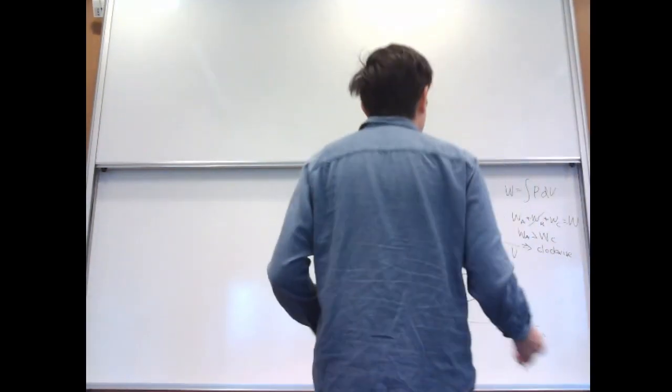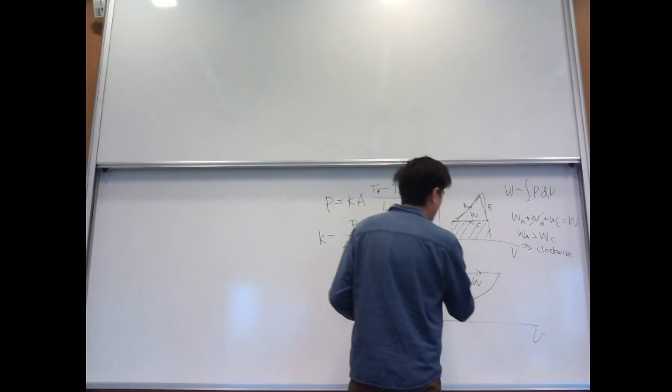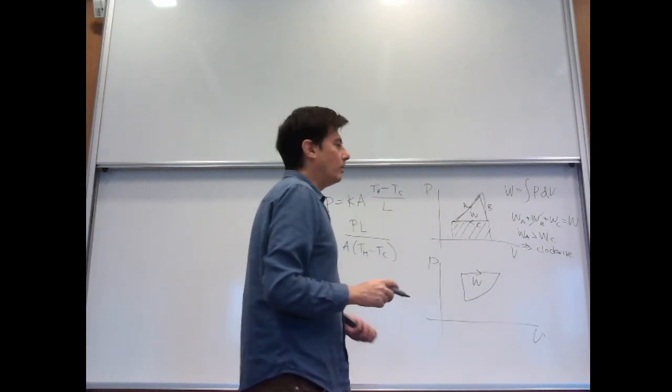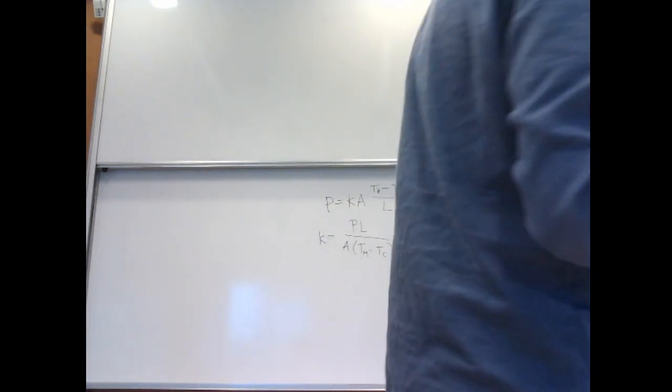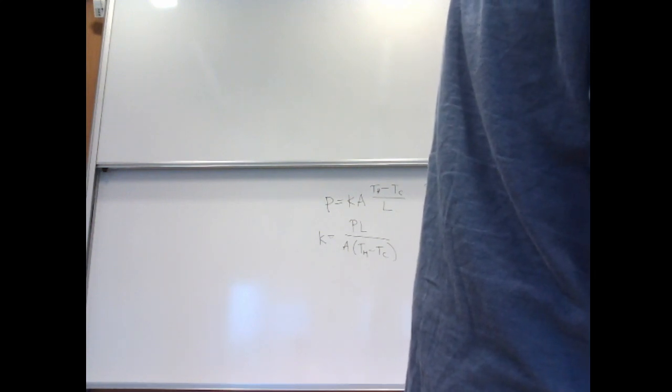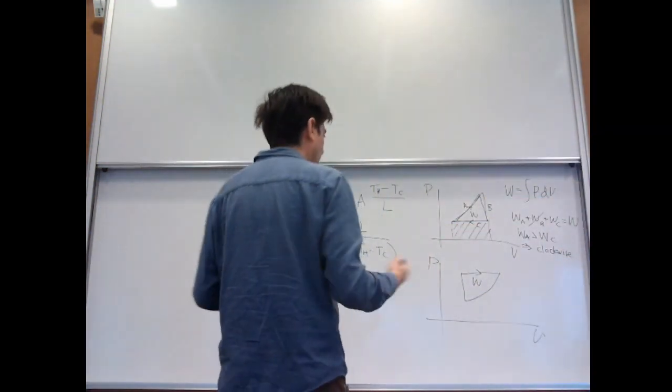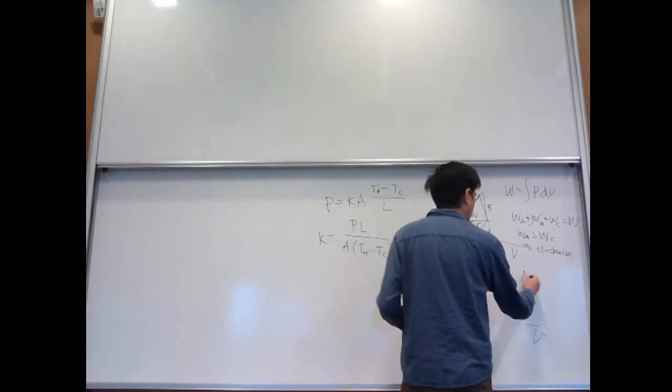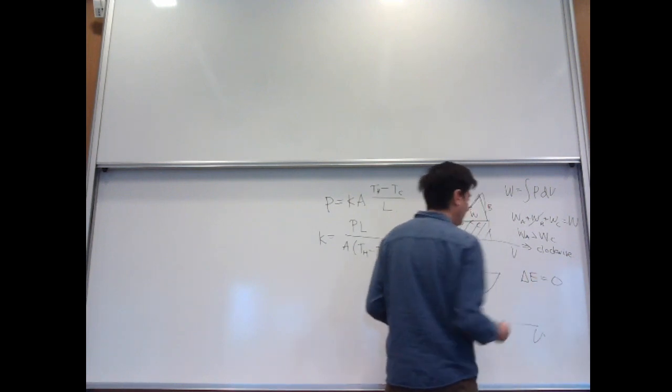So likewise with the second loop, we need this one to be clockwise in order for the work to be positive, and so the net energy transferred by the gas's heat, Q, to be positive. In a cycle, we know that the total internal energy change is 0.